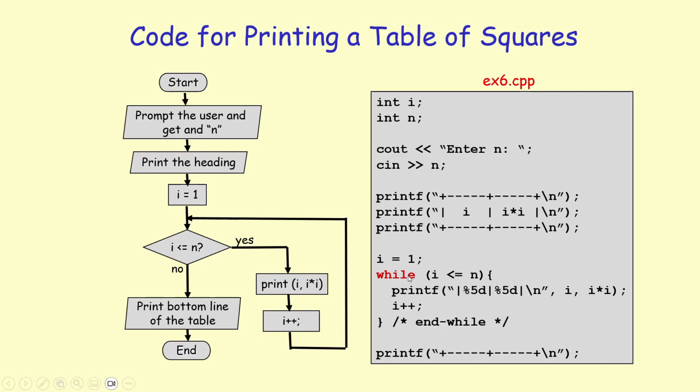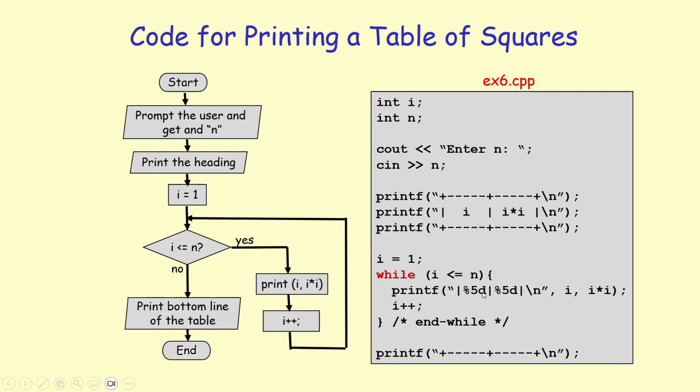So we go into the while loop. I is initialized to 1. Do this for as long as I is less than or equal to n. We're printing one line of this table at a time. At each iteration of the while loop, we're going to print one line. Remember, it is 5D because the width of this column is 5 characters. So 1, 2, 3, 4, 5.